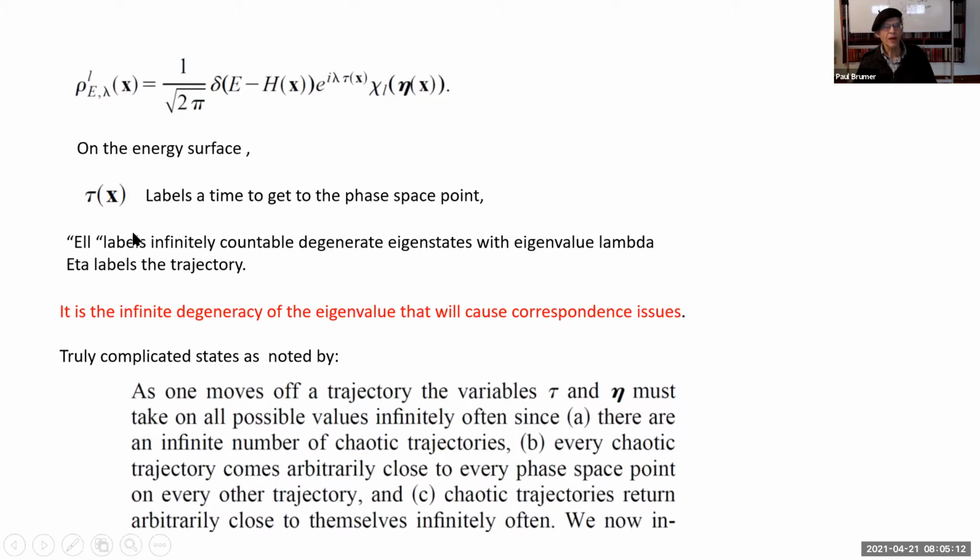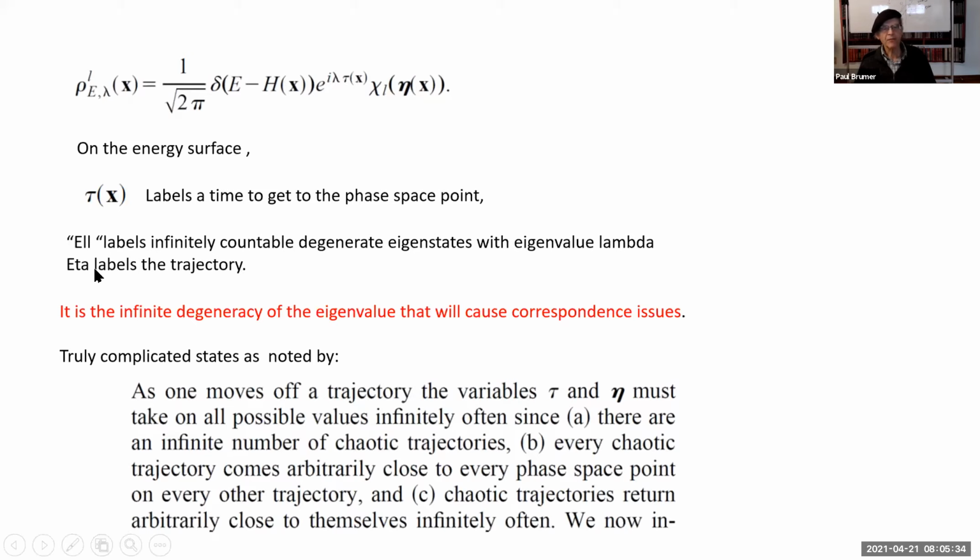L, which I wrote this way because PowerPoint makes it difficult to write a nice L, labels the infinitely countable degenerate eigenstates that have an eigenvalue lambda. So the eigenvalue is lambda, but there are an infinite number of states with that lambda.